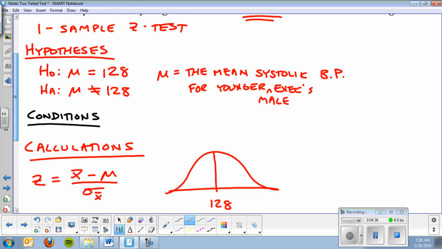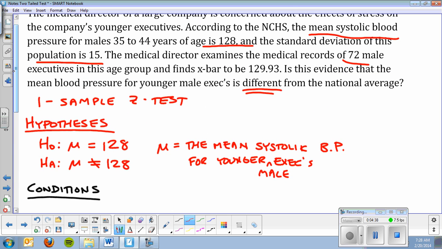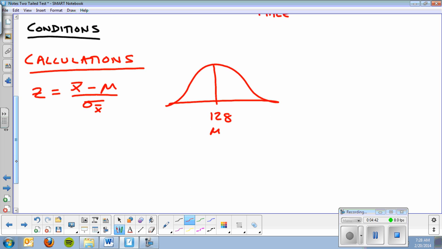From our sample, we got an x bar of 129.93, which is above the mean, and we're going to shade to the right. Now we're going to double that and shade to the left as well because it is a two-tailed test.